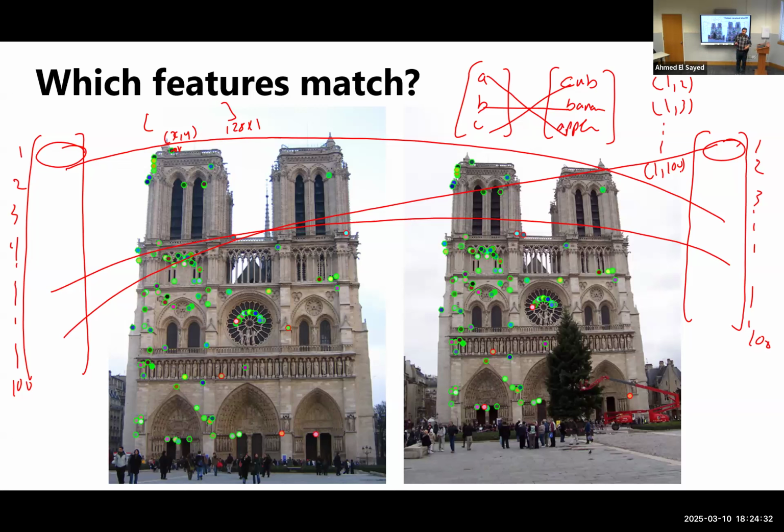Now, if we assume that I have, as I stated, 100 key point features here and 100 key point features here, and I want to do this match, how many distances do I have to calculate?